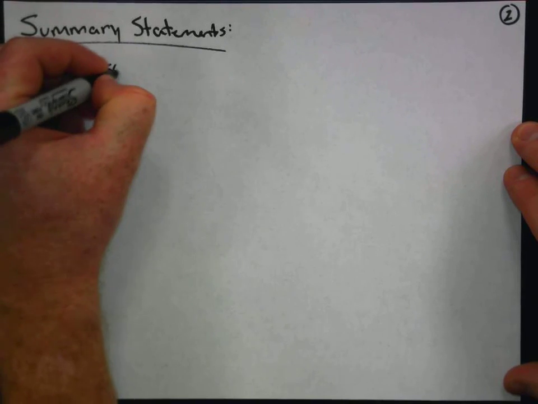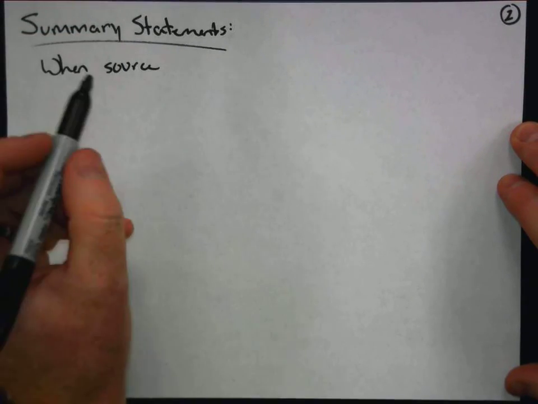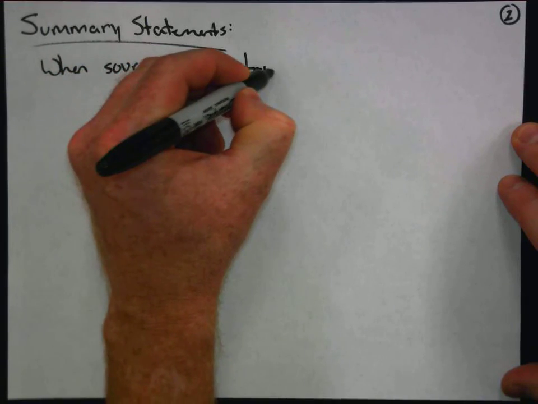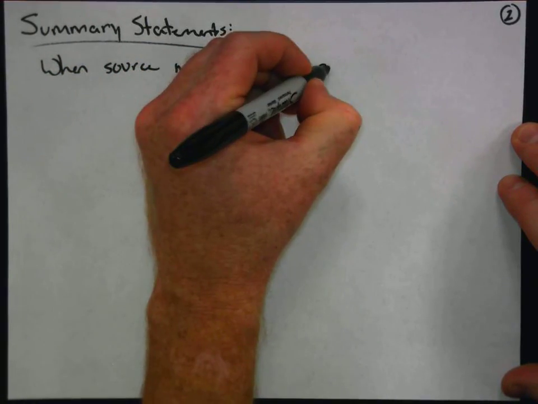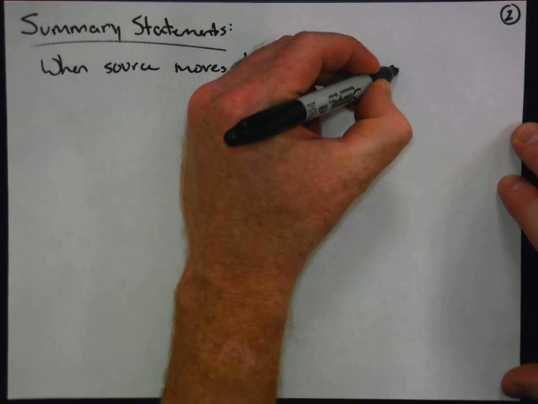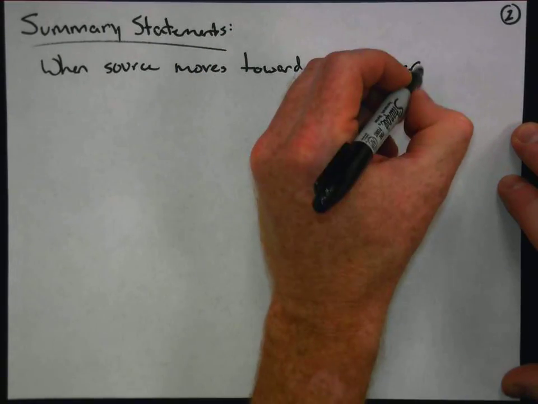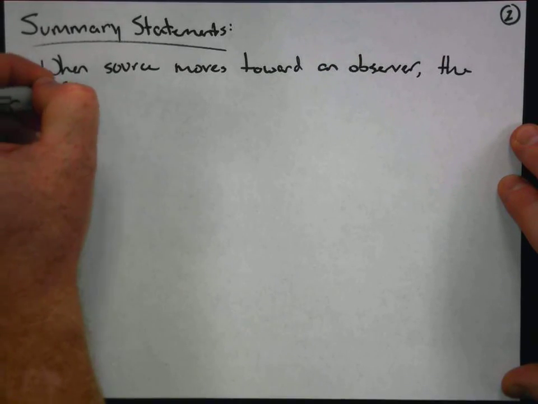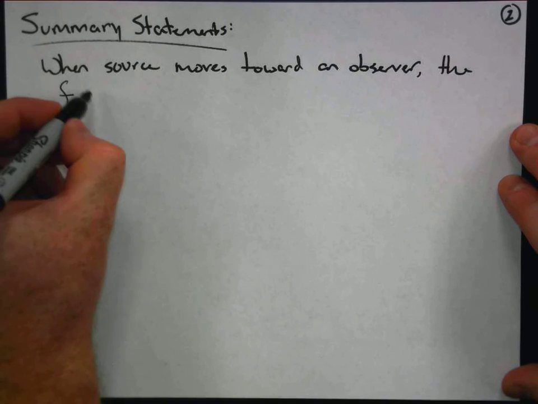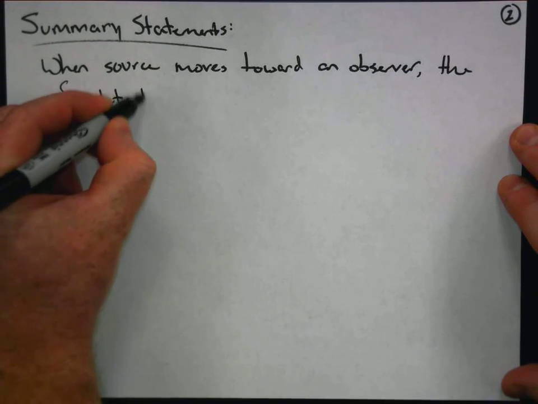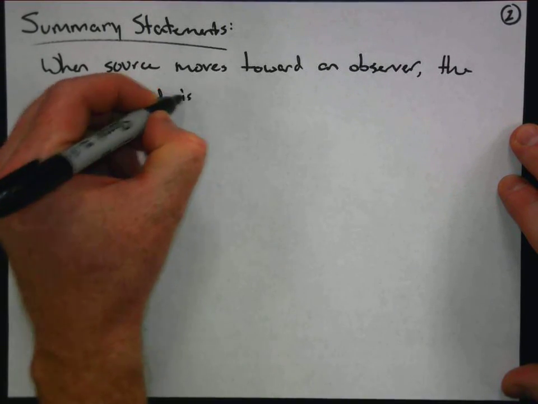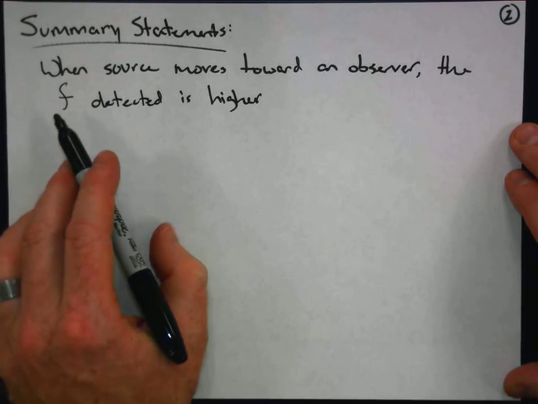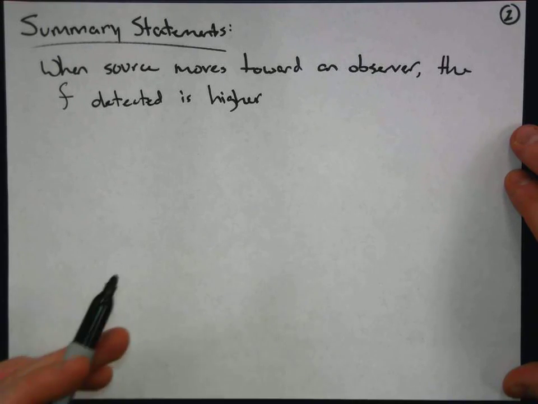When the source of a sound moves toward an observer, the frequency, I'll just put F for frequency, detected is higher. And so what that means is we could say, well, it's a higher pitch sound to our ears.